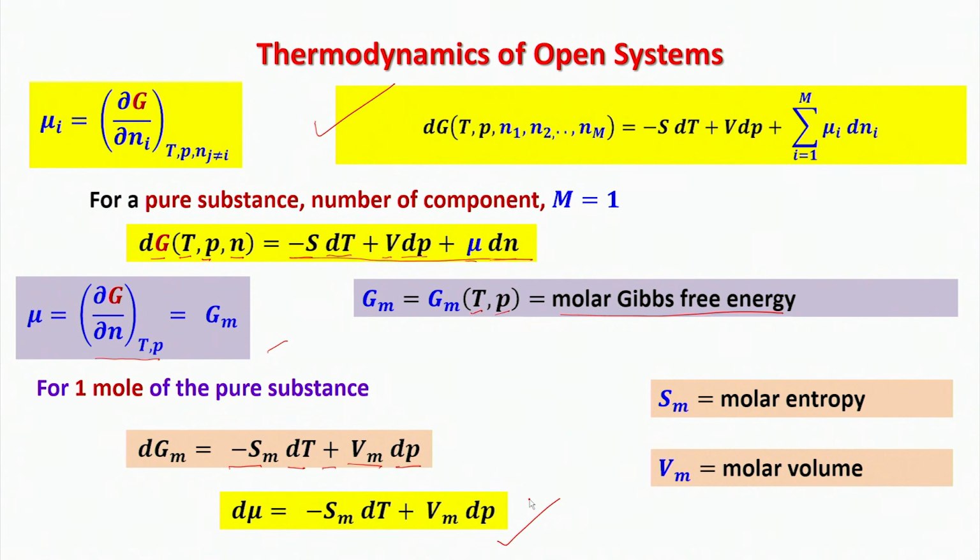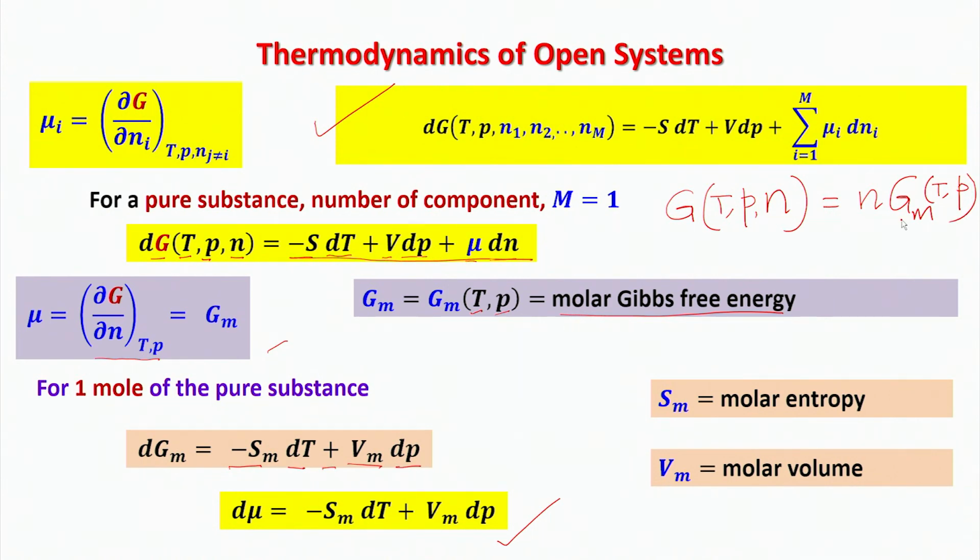Now, in this entire discussion, what is the property of Gibbs free energy that we are discussing here? I note that Gibbs free energy, an energy function, is an extensive property. Therefore, I can always write down G at a given temperature and pressure with number of particles n as n into the molar Gibbs free energy at that particular temperature and pressure.